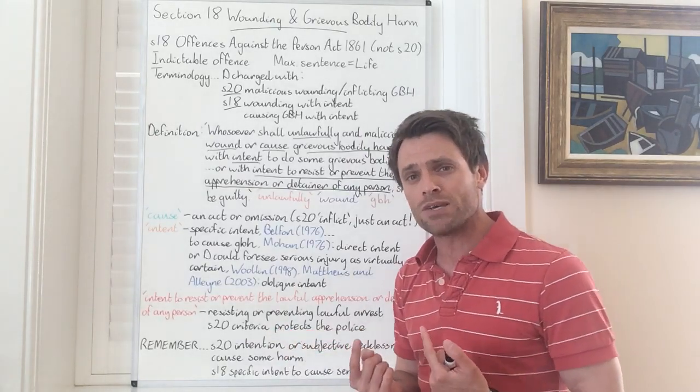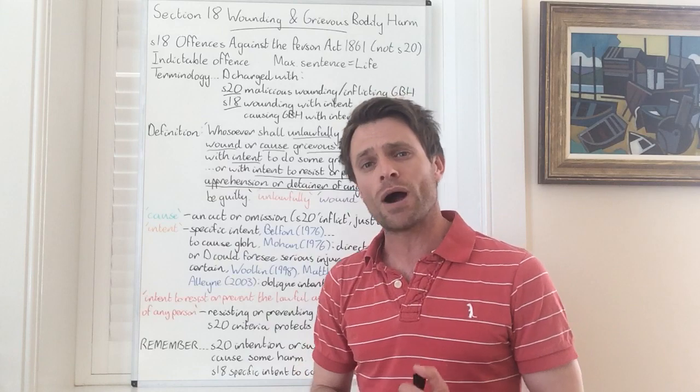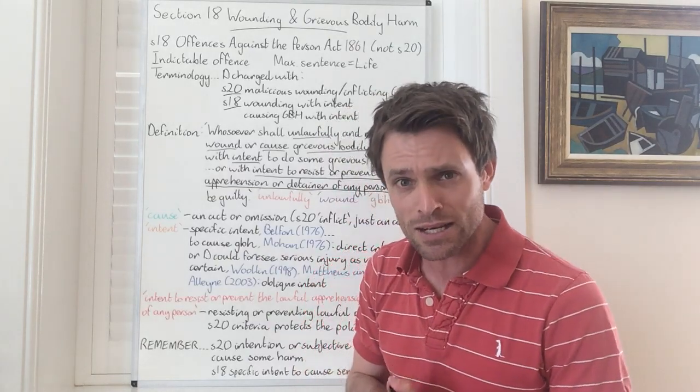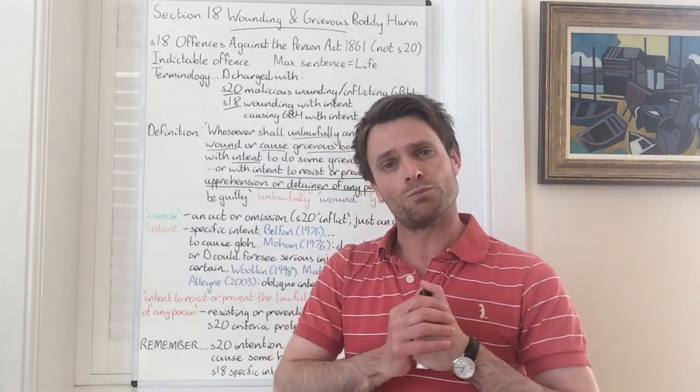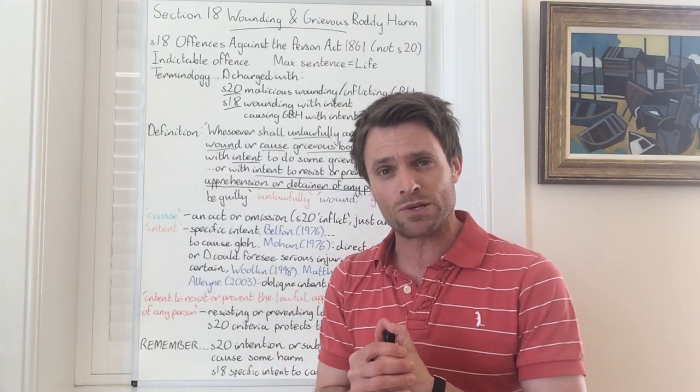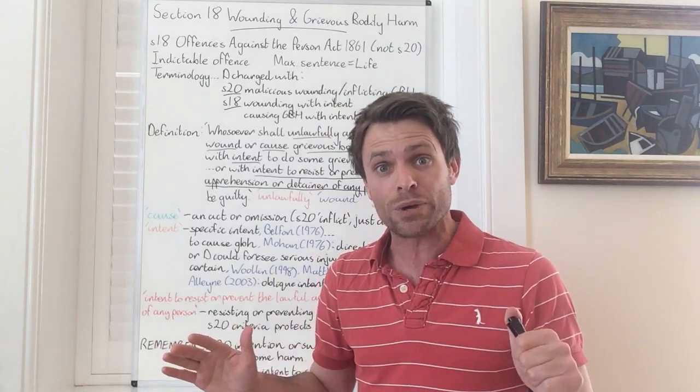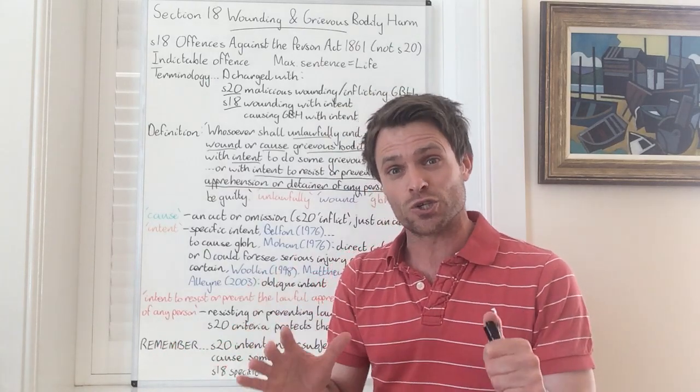So I'll say that mini scenario just again. If you have a defendant who is intending to cause some harm or is subjectively reckless as to whether some harm is caused, that would ordinarily be the mens rea for a Section 20 offence.